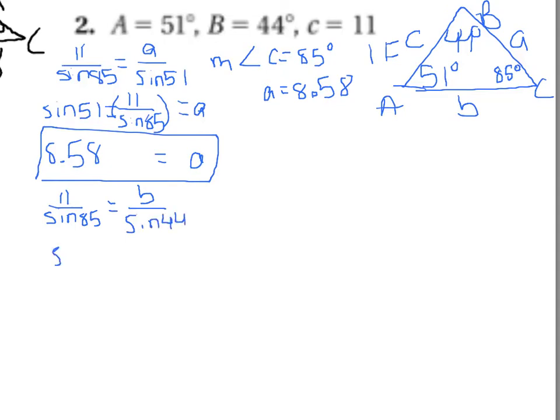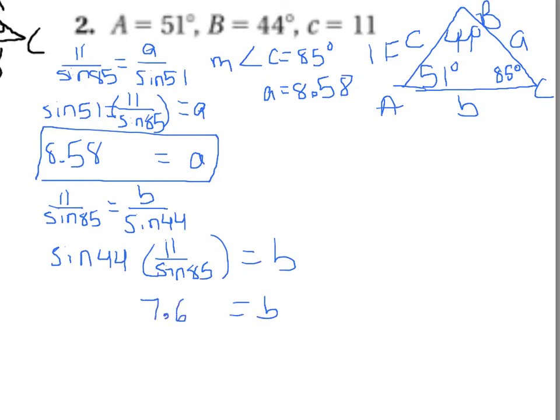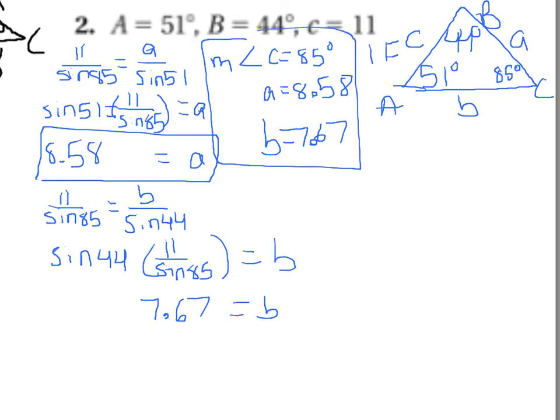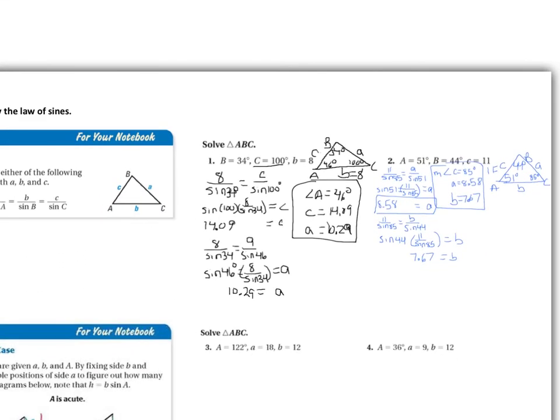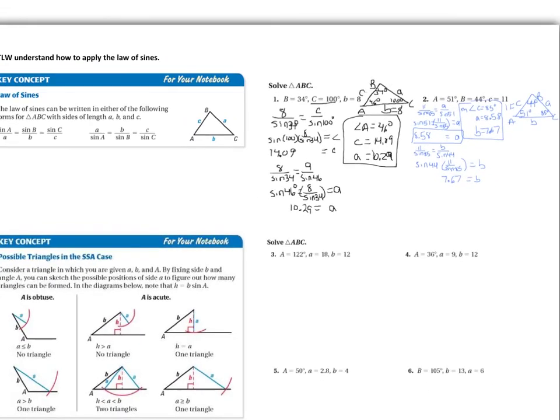Multiply by the sine of 44, times 11, divided by the sine of 85 equals B. So B equals 7.67. So there's our final answers. So there's using law of sines in one way.